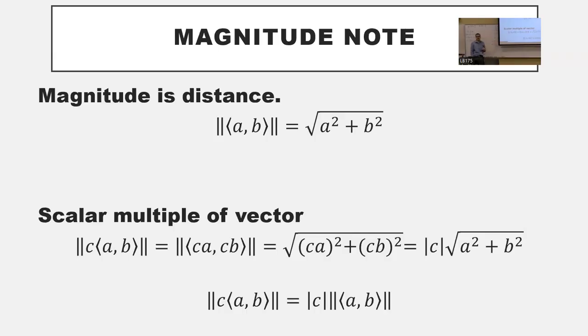Now I'm just going to note something on magnitude. There's a lot on this slide, but really the important part is this very bottom piece. Okay? Which says if you take the magnitude of a scalar times a vector, then that is the absolute value of that scalar times the magnitude of the vector.